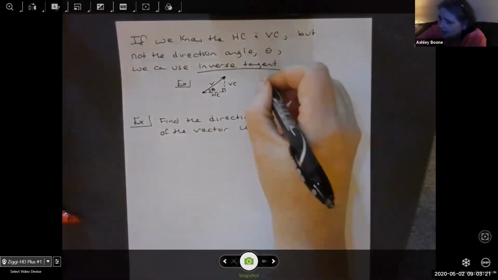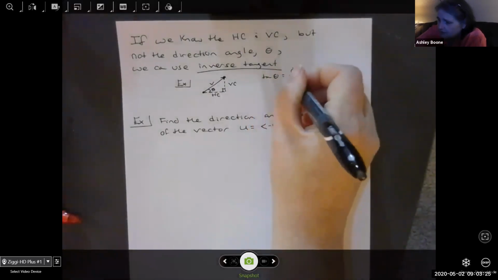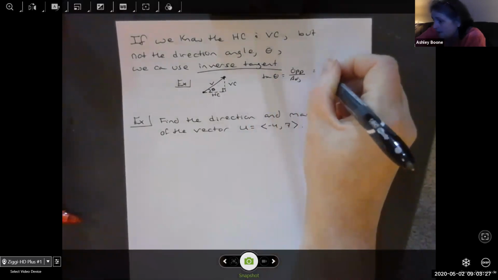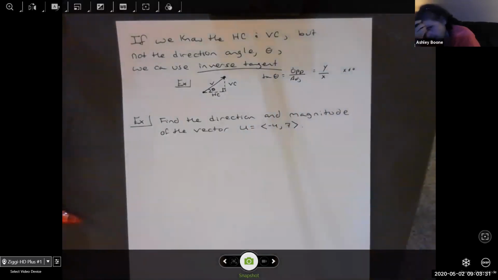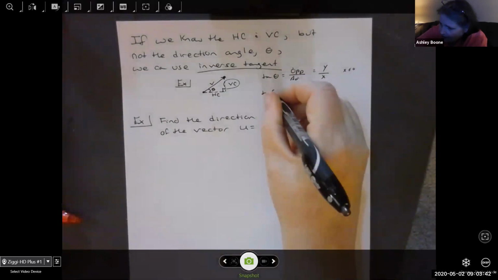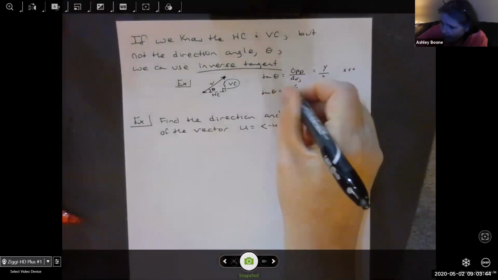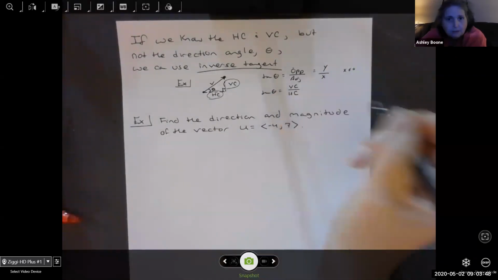Remember, tangent of theta is always opposite over adjacent, or your y value over your x value, as long as x is not 0. You can't divide by 0. As long as your horizontal component is not 0. In this diagram, what is the opposite? The opposite is my vertical component. So tangent of theta is my vertical component over my adjacent side, which is my horizontal component.